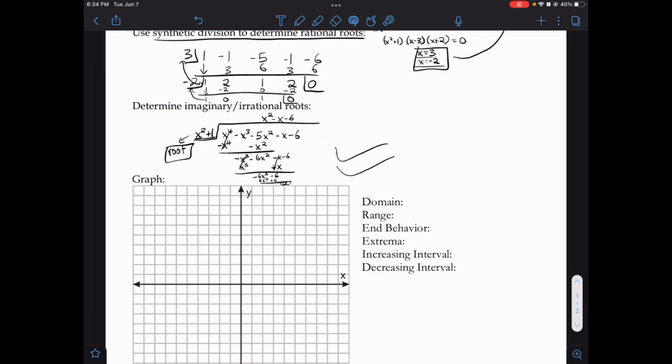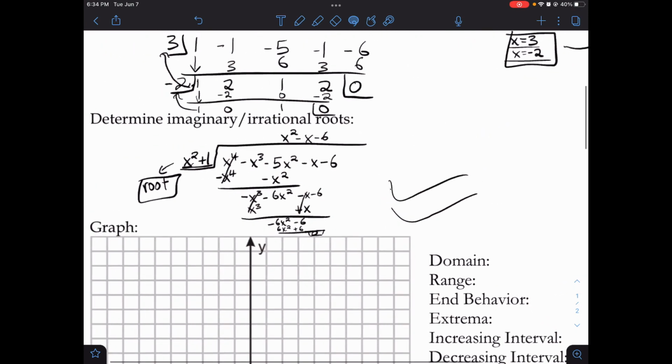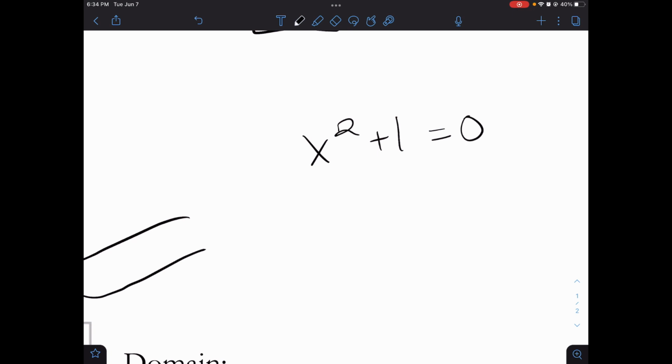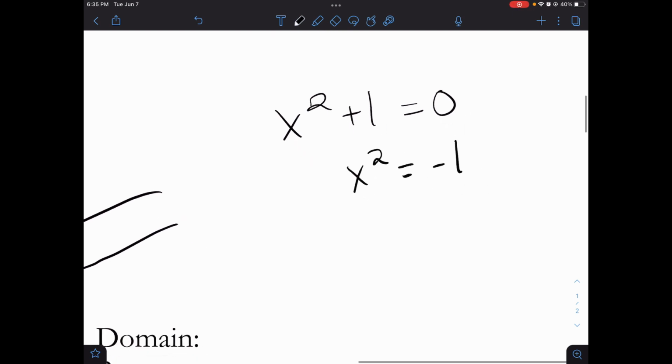Okay, so now that x squared plus 1 has been proven as a root, what does it actually equal to? So like x is equal to 3 right here, and x is equal to -2 right here. X squared plus 1. And if we set it equal to 0, what is the actual root? So that will be x squared is equal to -1.